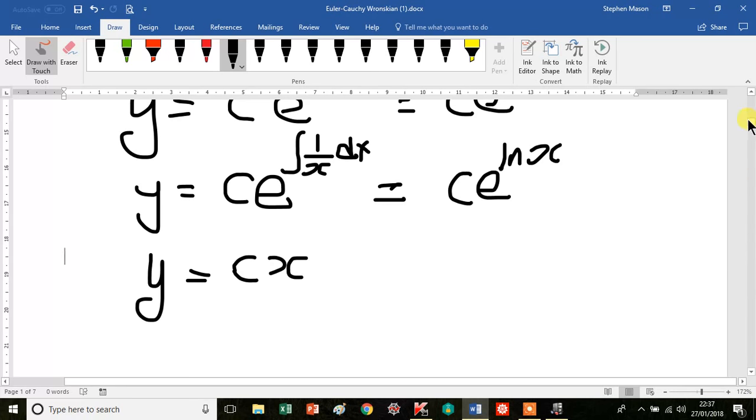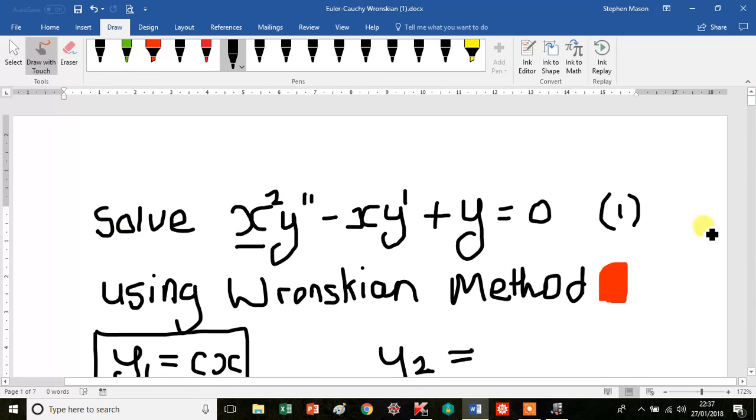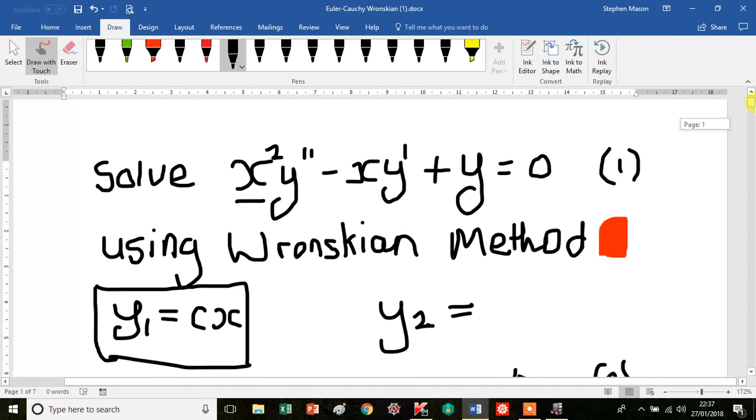Well, we think we've got a solution, but do we know that the solution we were originally given, y equals cx, is indeed a solution to this equation? Well, let's try and find out, because what we have to do to prove that y equals cx is a solution is find the first and the second derivatives of this and substitute everything, including the original y, back into that to see if we get 0 on the left hand side, therefore being the same as what is on the right hand side.